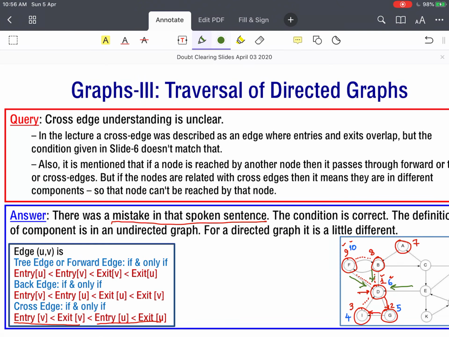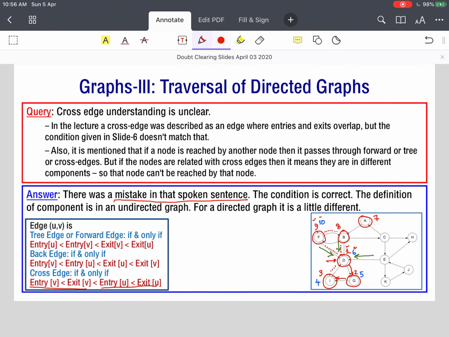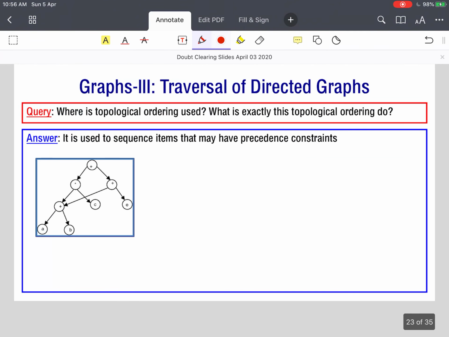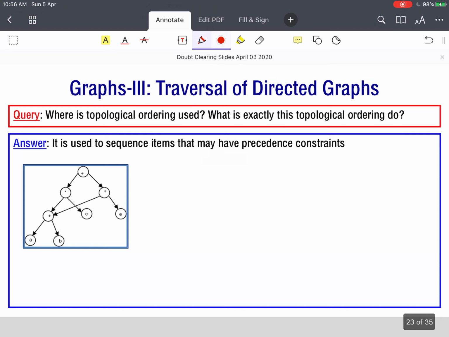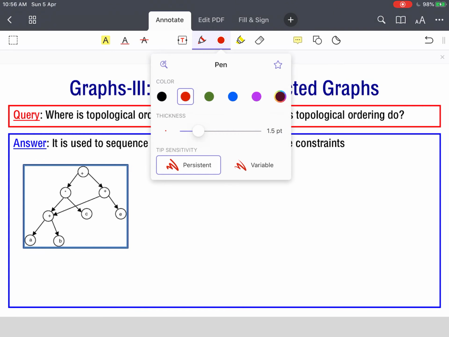So as we had said, the definition was correct. There was a little mistake in my expression of that sentence, and this is how a cross edge is identified. Now, I hope that clarifies the doubt regarding cross edges.